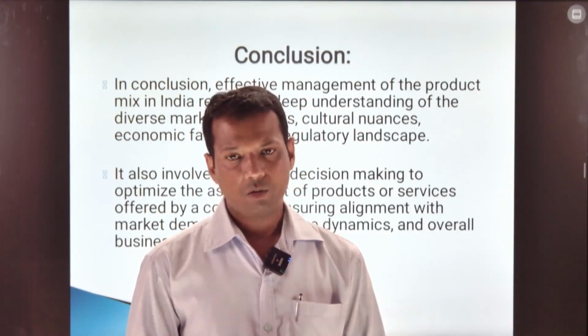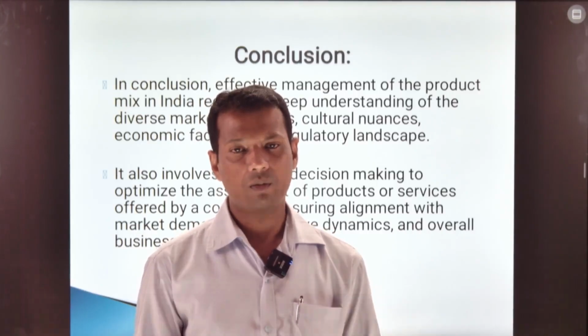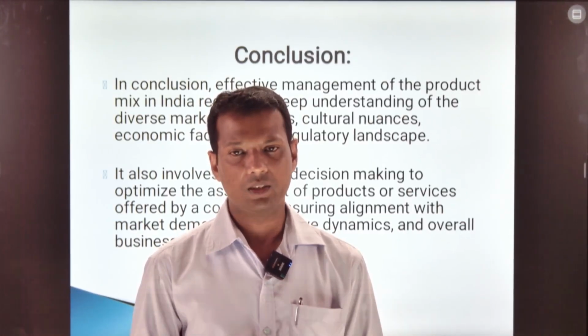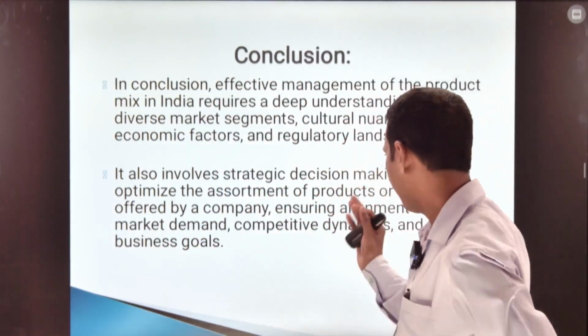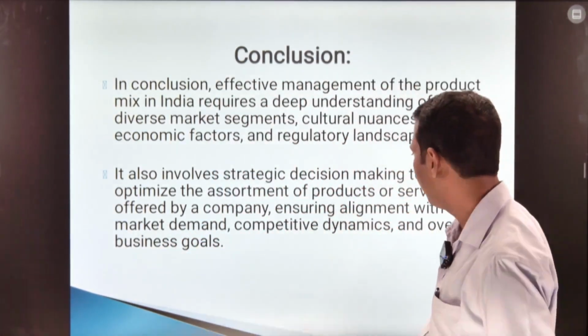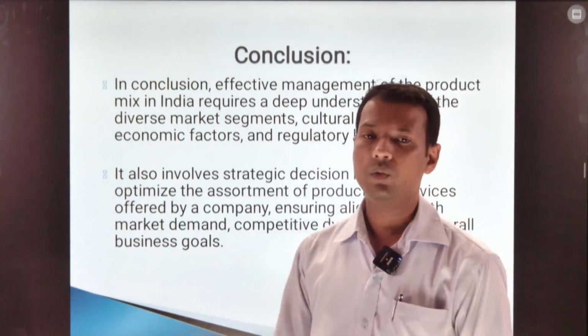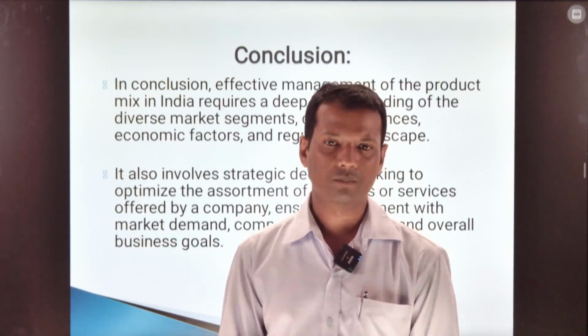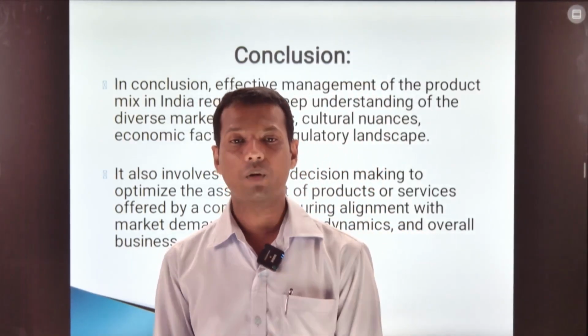Obviously, there has to be a market demand. If there is no market demand, the decision making process may not succeed. So, with the market demand, competitive dynamics and overall business goals, you can succeed with your strategic decision making. Also, it's important in the product mix.